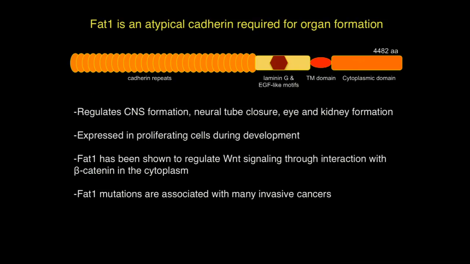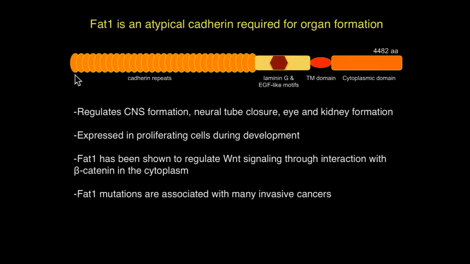So FAT1 was initially identified in Drosophila, but has also been found in vertebrate systems as well. These are atypical cadherins. They're very large proteins, and in the zebrafish, this is almost 4,500 amino acids.